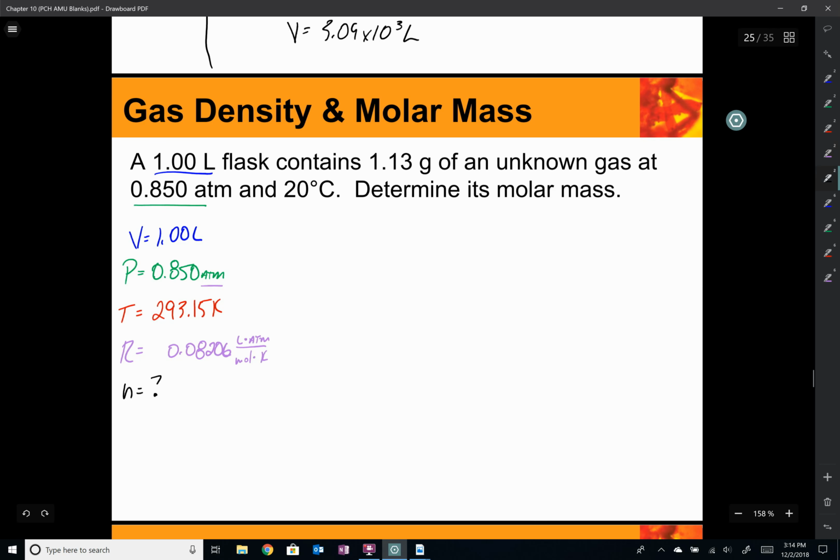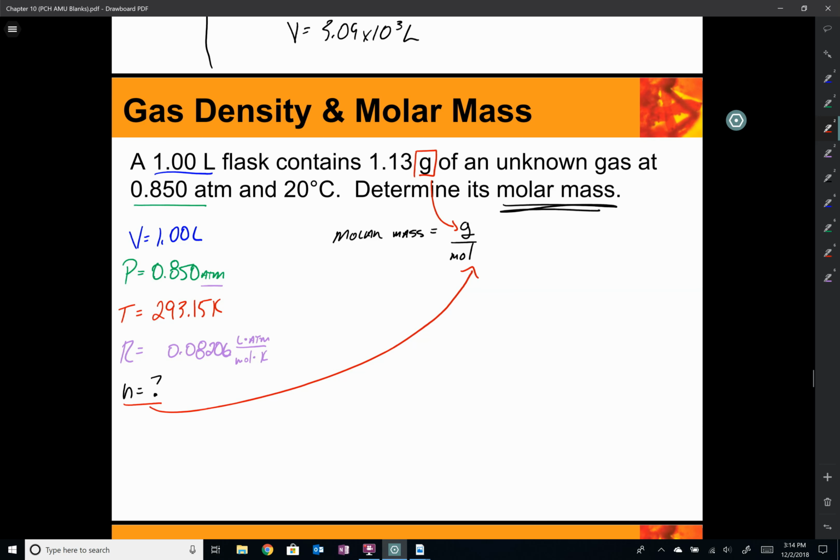That kind of makes sense here, because it asks us about molar mass. Molar mass is equal to grams over moles. Oh, well now it starts to hopefully click together. We know how many grams we have, so we can fill that in. And if we figure out moles, we can divide grams by moles to get our molar mass.